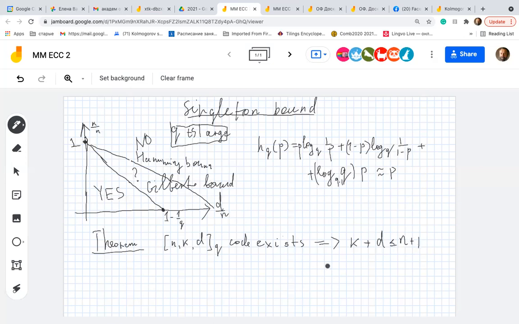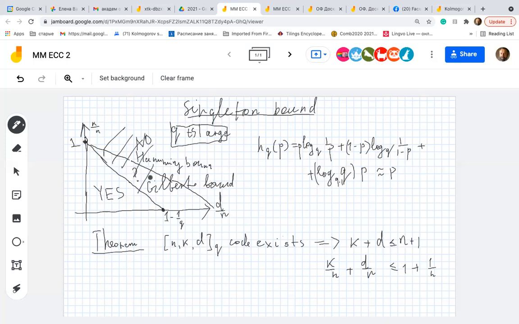In other words, k over n plus d over n is at most 1 plus 1 over n. And that means that actually this question mark unknown area shrinks to almost nothing. Because this Singleton bound increases the no area almost to the whole region.